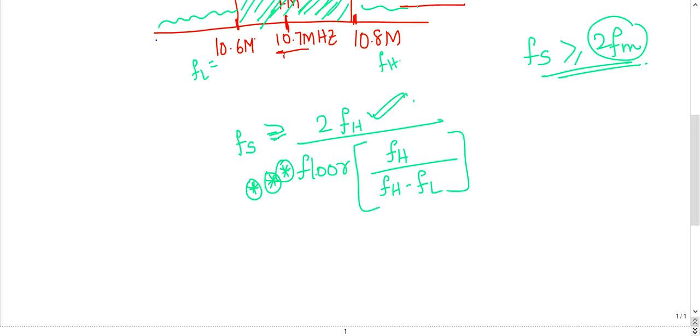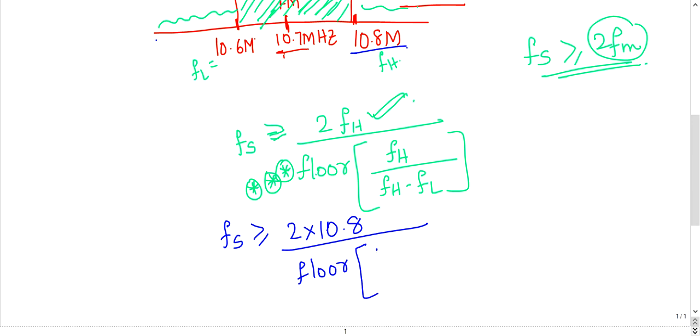Now Fs is greater than or equal to 2 times the highest frequency, which is 10.8. 2 into 10.8, I'm not writing the units, in megahertz, divided by floor of 10.8 divided by the bandwidth, which is 0.2, also in megahertz.